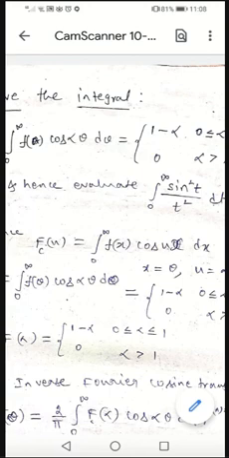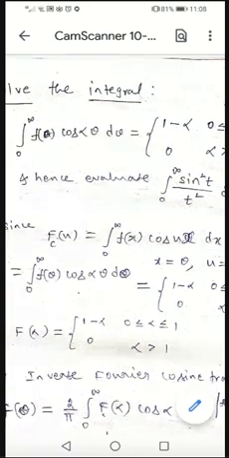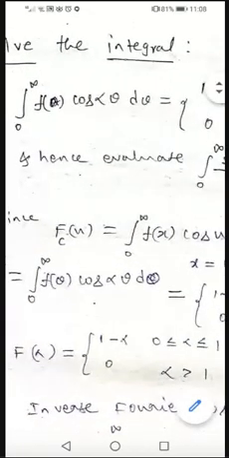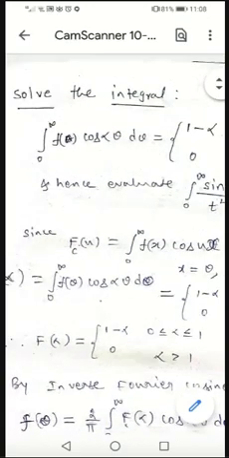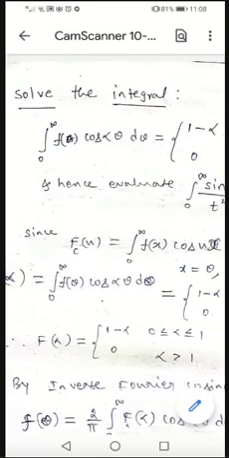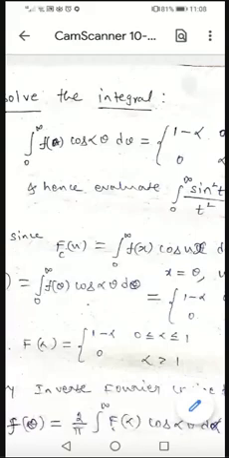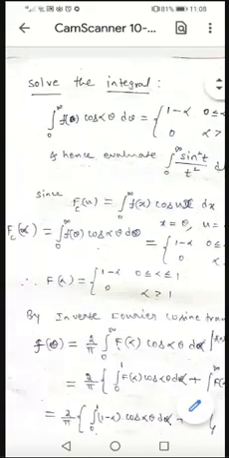So we can conclude that this function he has given is nothing but the Fourier cosine transform. We have to find the value of that, Fc of u.